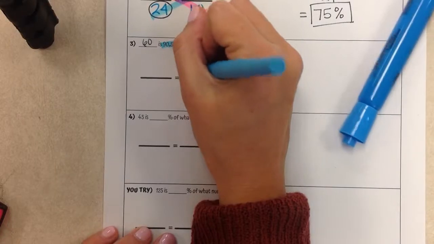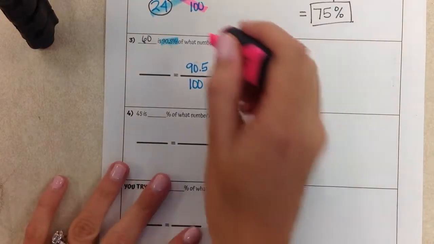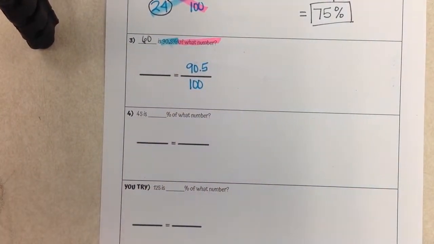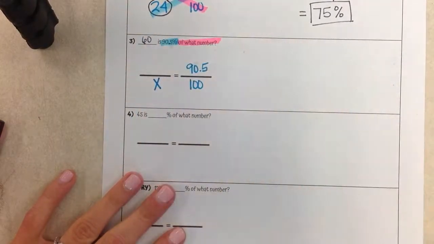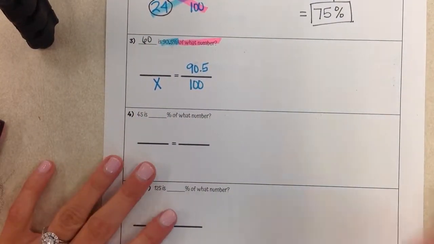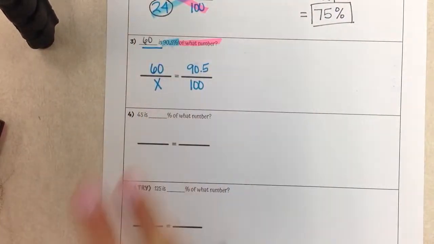So that goes where the percentage goes in our proportion. The next thing I look for is the word of and the number that follows. So of, this time it says what number. There's not a number that follows. So that means we don't know that number. That's what we're solving for. So the variable needs to go in the place of the whole. And then the other number, 60, is going to be our part.